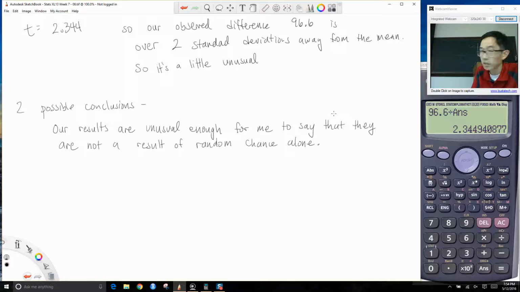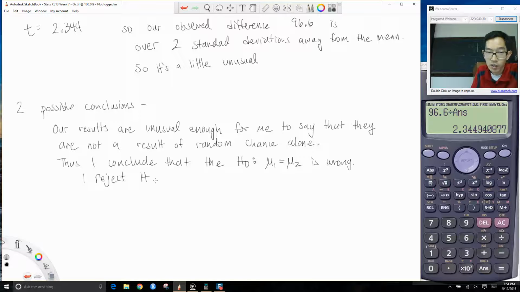Thus, I conclude that the null hypothesis stating that mu1 is equal to mu2 is wrong. Okay? I reject the null, and I conclude that the alternative is true. Okay, that's one possible conclusion.